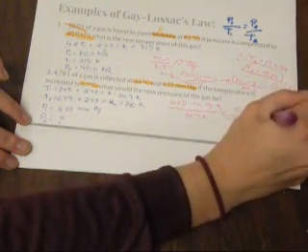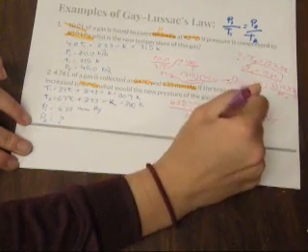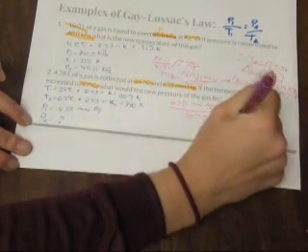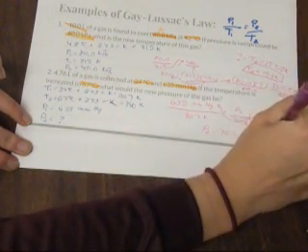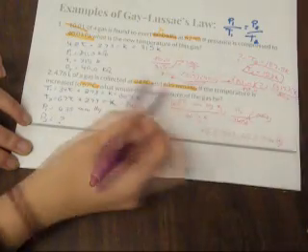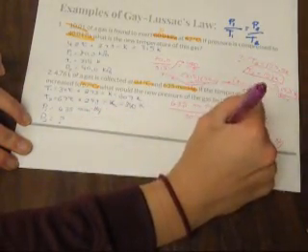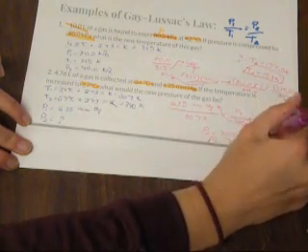So 340 K, those get crossed out, and we're left with our P2. And this equals 703.257 millimeters of Hg. And if we're looking at sig figs, we are using 3. So our P2 is 703 millimeters of Hg.